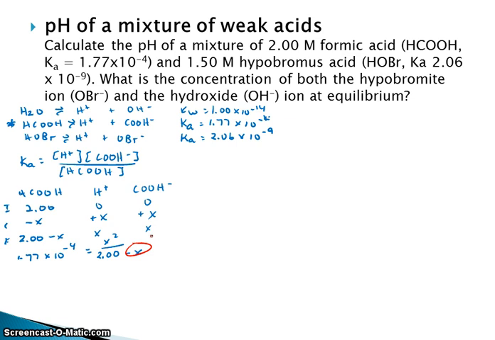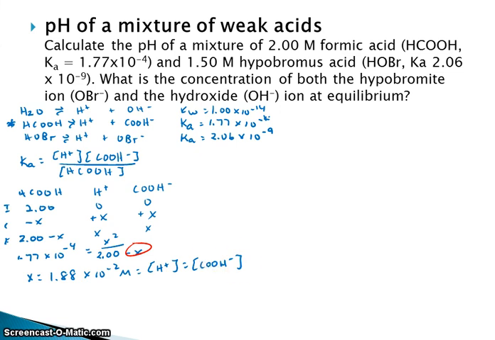Now we've got 1.77 times 10 to the minus 4 equals X squared over 2. We're going to multiply both sides by 2.00, take the square root of both sides, and we're going to get X equals 1.88 times 10 to the minus 2. And when we solve for x, that's going to be our concentration of hydrogen ions and the concentration of formate ions when equilibrium is established.